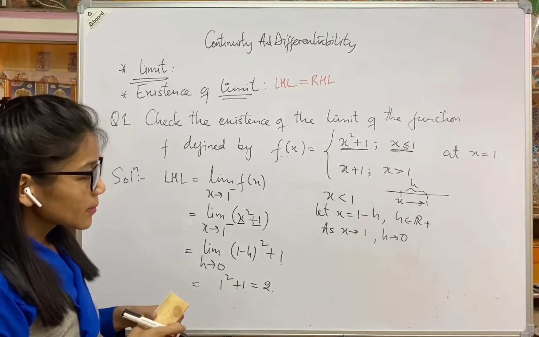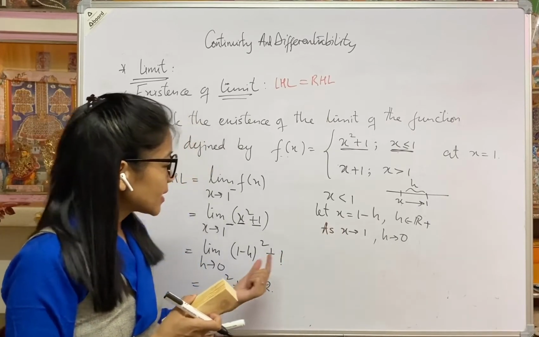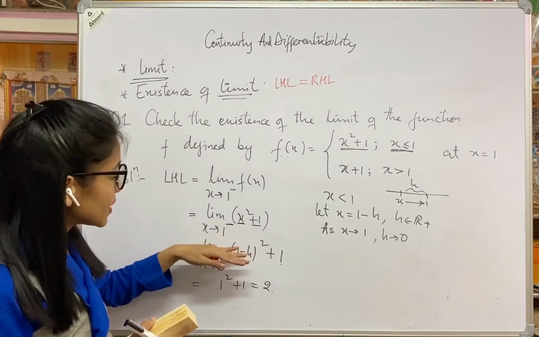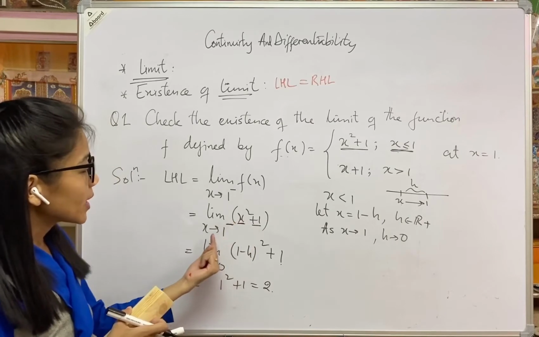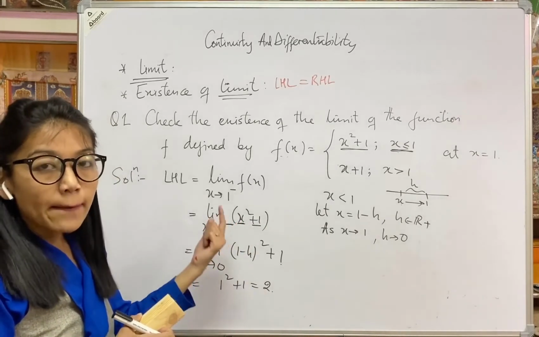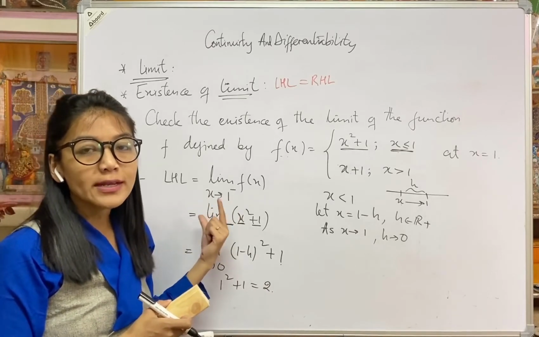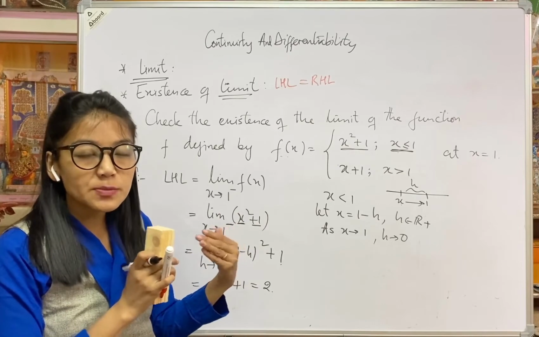Now I want to say that directly from here, without making this substitution also, you can substitute 1 here and you will get directly 2, right? But the direct evaluation of a limit works only for polynomials and some special functions.